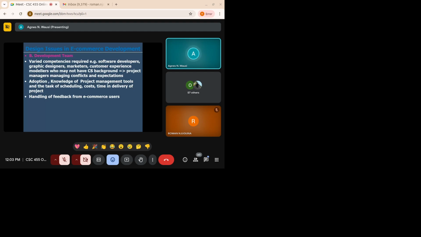So all these aspects of project management come in handy. And of course, managing the code, managing the tasks, what platforms are you using? It is important to have the team agree on the tools that they are going to use.